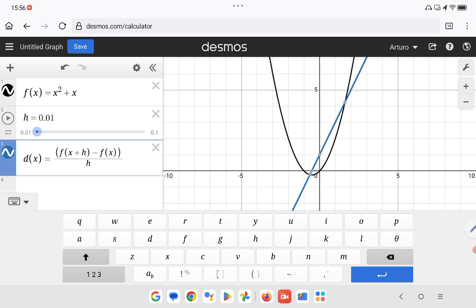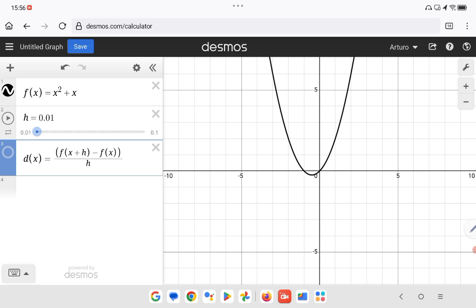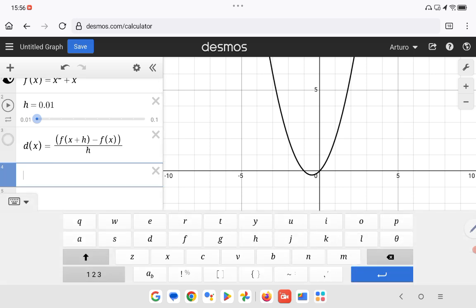And this has created a linear function which we are not going to use, but it's obvious that the derivative of a quadratic function is a linear function.